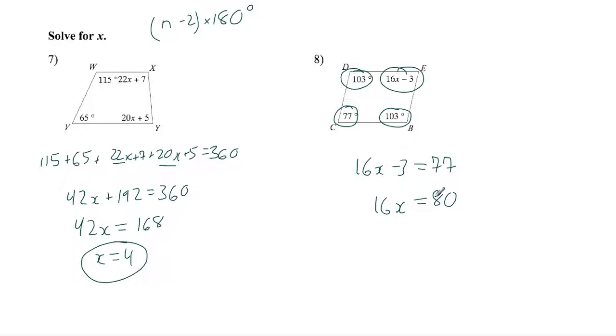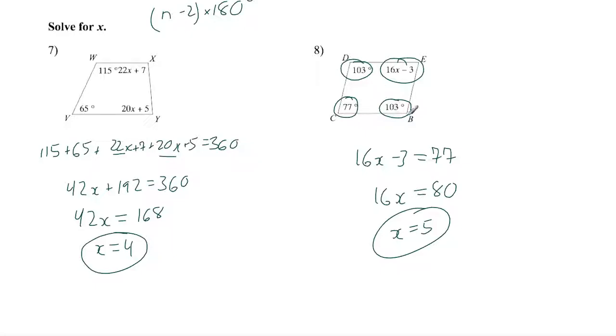And if we do 80 divided by 16, we get that x is equal to 5. And by plugging that in, we can see that these two opposite angles are also congruent. Now, if I wanted to, I could add up all these angles and set it equal to 360, just like I did in number 7, and I would still get the same answer.